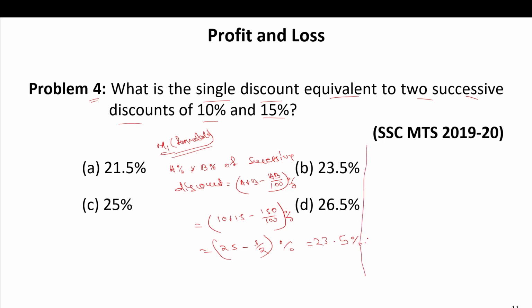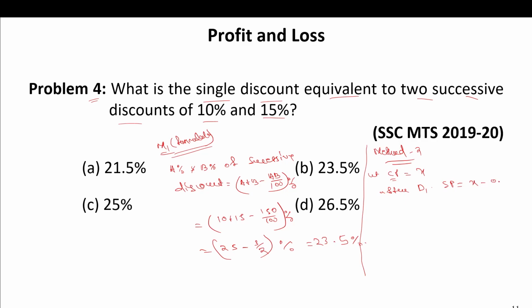So let's solve it using method 2. Okay. So using method 2, how? So first let CP be X. Okay. So after one discount of 10%, that is discount 1, SP is equal to what?